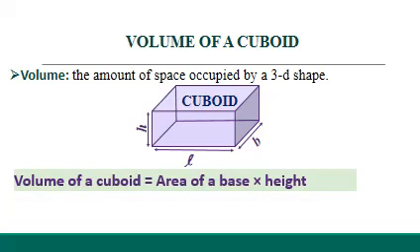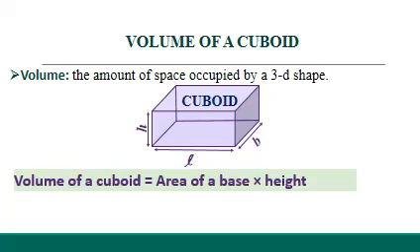And area of a base refers to the area of one of the surfaces of a cuboid. So we are supposed to write down the area of one of the rectangular surfaces which are there within a cuboid.